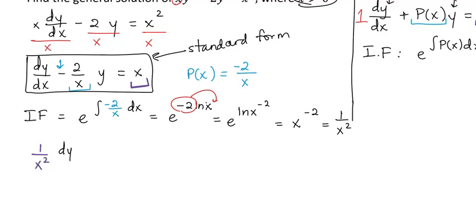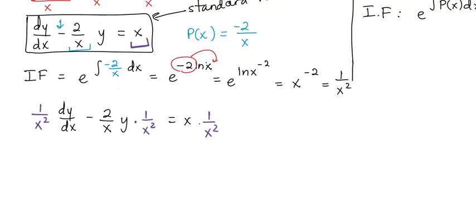So the first term of dy dx is multiplied by the integrating factor. The second term of negative 2 divided by x multiplied by y is multiplied by the integrating factor. And the term on the right side of the equation of x is also multiplied by the integrating factor.